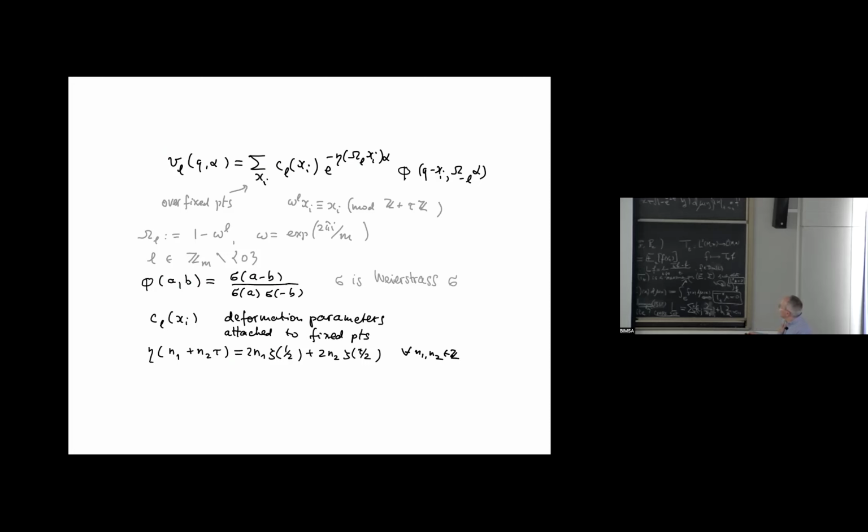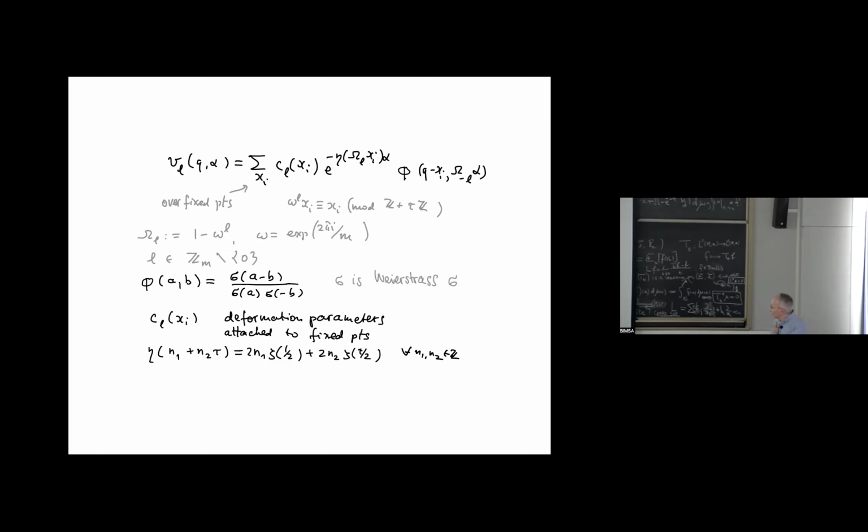It's a bit complicated. So it's a combination of several terms. This function is rather familiar in the theory of elliptic integrable systems. It's a combination of the Weierstrass sigma function like that, but there are several terms and there are certain ingredients, summation over fixed points, and the deformation parameters appear as coefficients. So it's quite complicated.